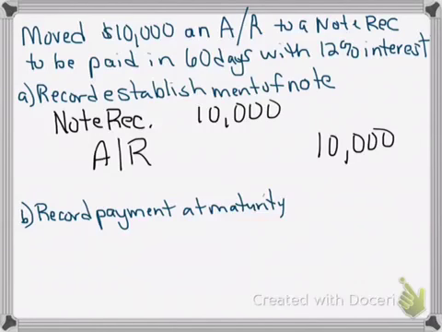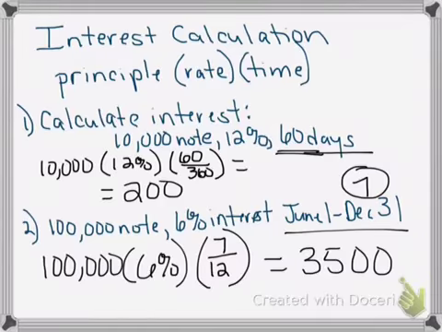So let's say in 60 days they have now paid us. So we have to calculate how much interest they owe us, and we can go back to number 3 for that. So what are they paying us in 60 days? Well, they owe us the $10,000 that they borrowed plus $200 in interest, and we found that right here.